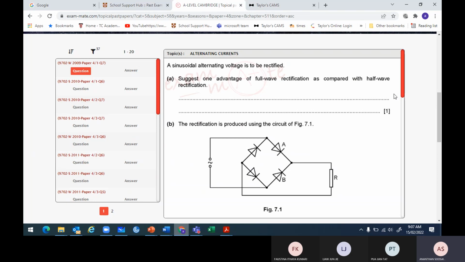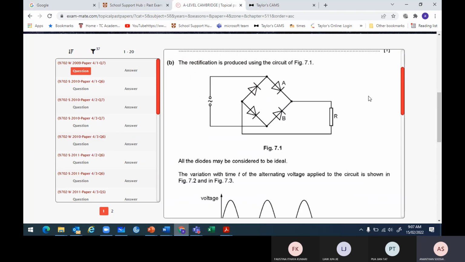So full wave gives more power to the load. So full wave contributes more power compared to the half wave. You will see that in the notes.